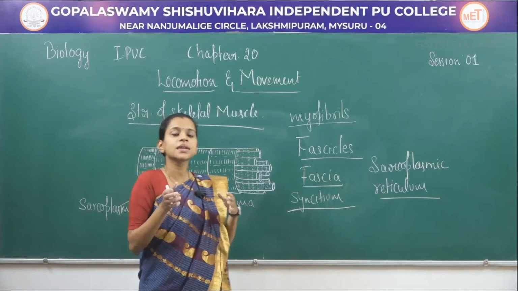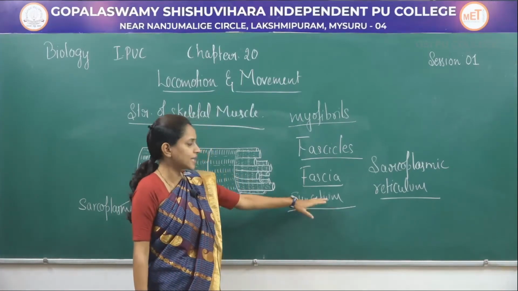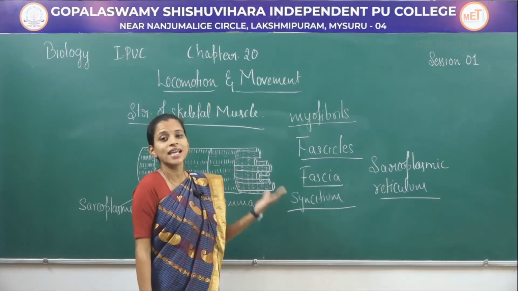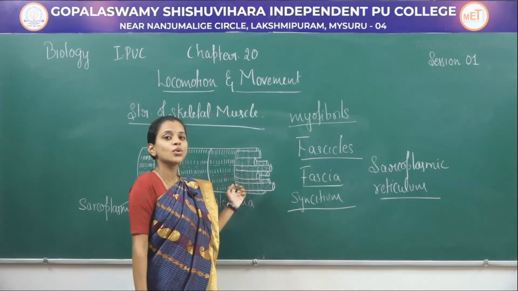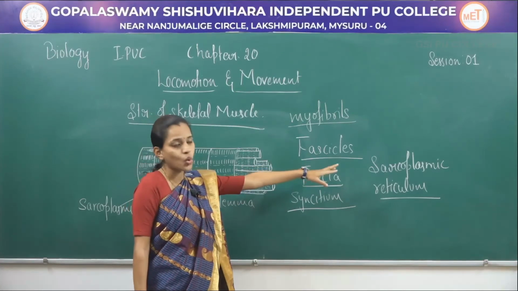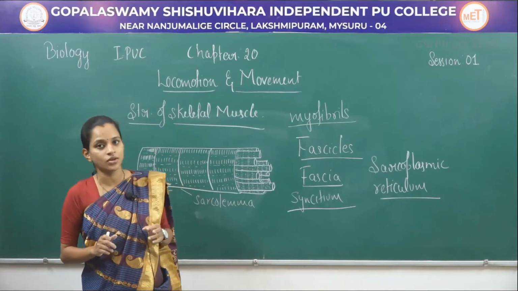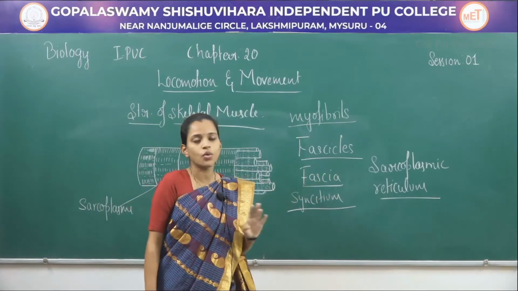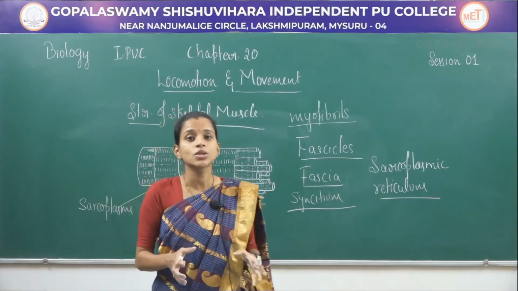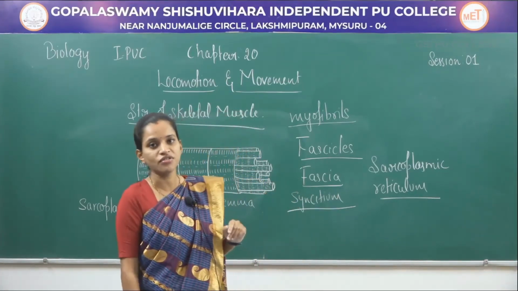This sarcoplasm contains multiple nuclei, that is why it is termed syncytium. And just like any other cell, these also have cell organelles, but here it is termed sarcoplasmic reticulum. It is similar to endoplasmic reticulum. The function of sarcoplasmic reticulum is to store the calcium, which helps during contraction and relaxation of muscles.